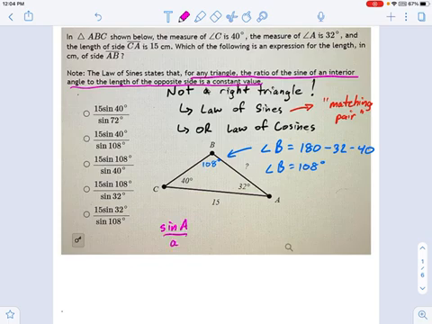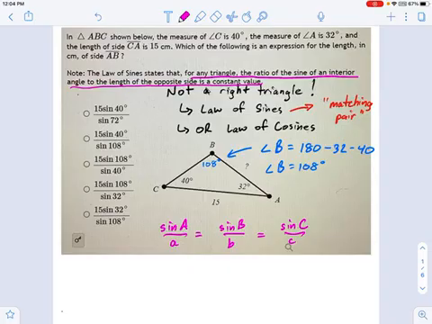Sine of A over A equals sine of B over B equals sine of C over C. It's actually a pretty easy formula. And what it's saying here is the ratio of the sine of an interior angle to its side is constant, meaning it doesn't matter if you're talking about angle A, side A, angle B, side B, or angle C, side C. It will always be the same number.